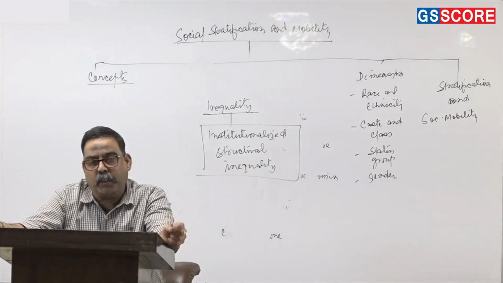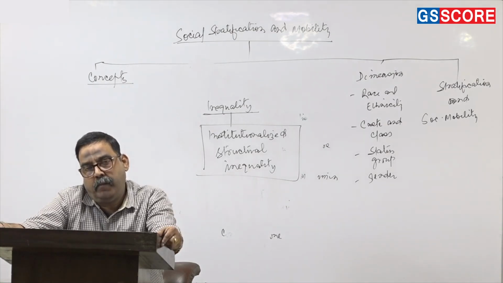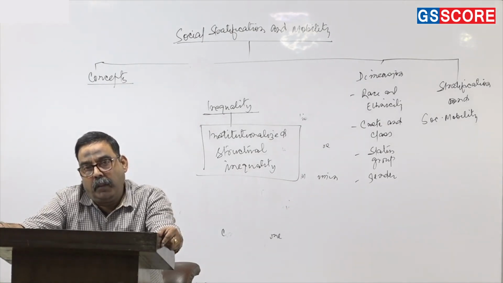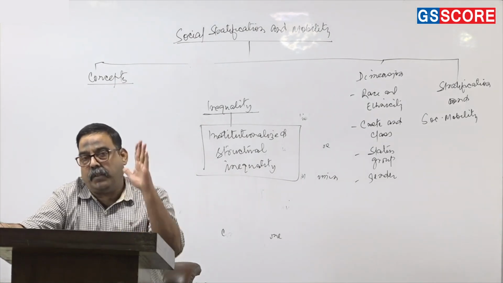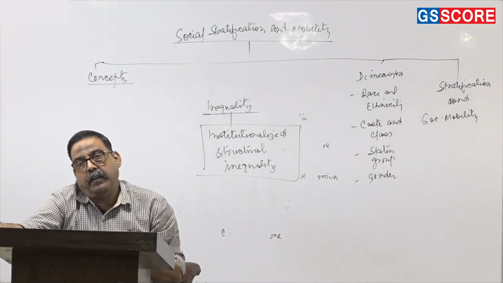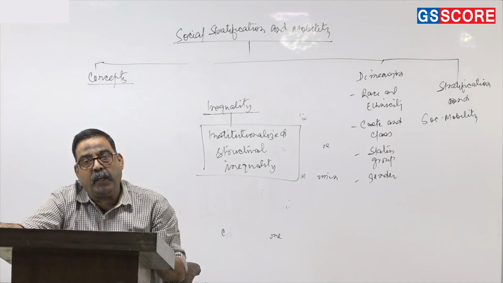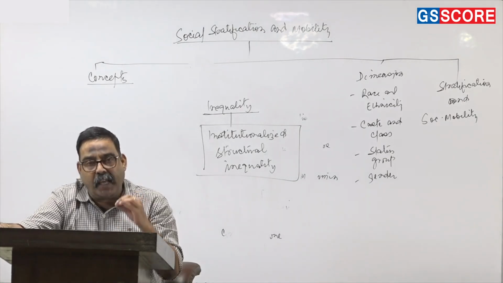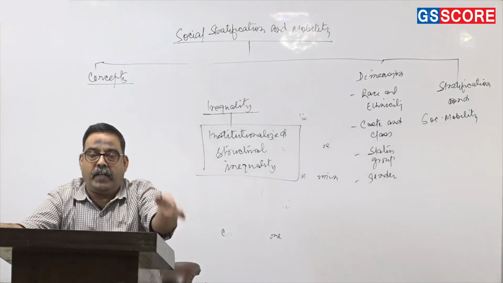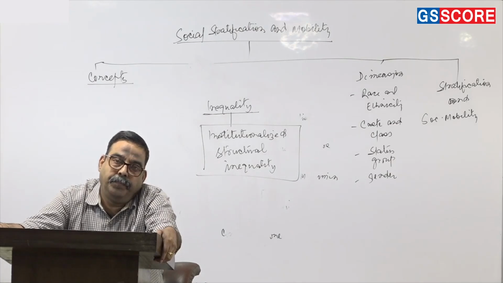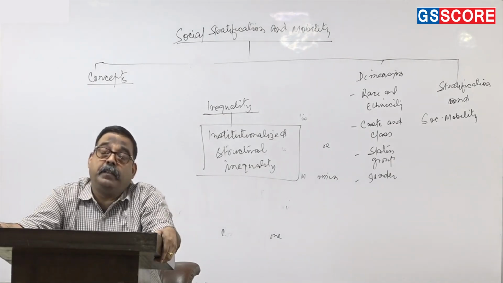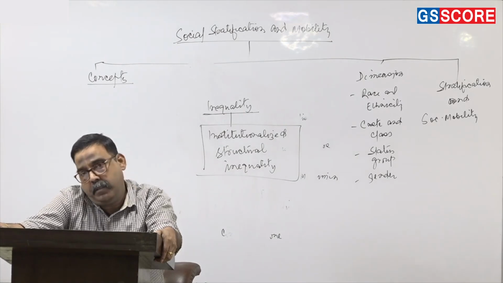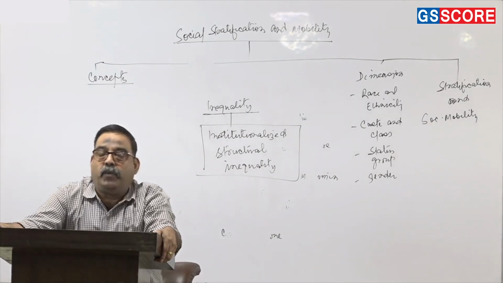So try to remember these two lines: I repeat, the society where inequality has not been institutionalized is an unstratified society. But the societies where inequality has been institutionalized are stratified societies.